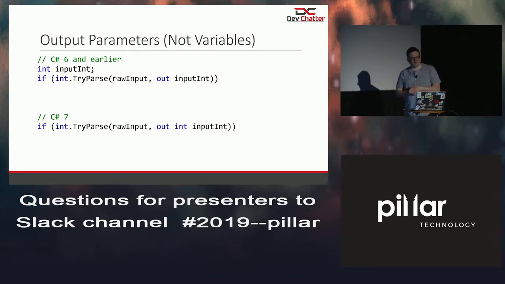So if, for example, you wanted to reuse that variable for something, grabbing the default value, you are totally welcome to do that. It still exists. It's not scoped to the inside of the main part of the if statement. It's not within that code block. It functionally works the same way it does in C# 6, where the variable was declared before the if. So you do not mess up scope if you do this, but it lets you inline it so you don't have to have the messy extra variable declared elsewhere.